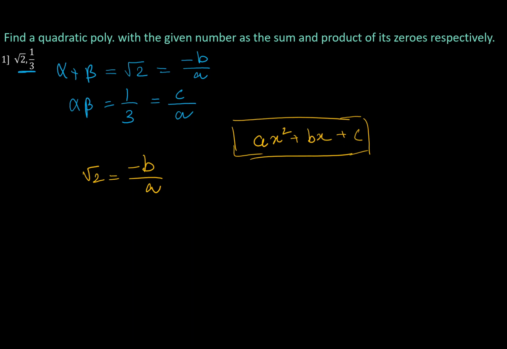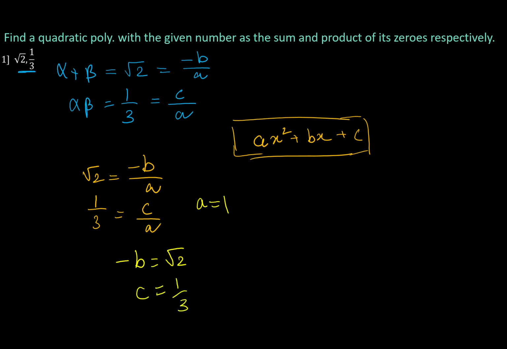We take that as our base and move on. Now the next one is alpha into beta is 1 by 3, so that's 1 by 3 equals c by a. Now there can be so many of these kinds of polynomials, but here what we do is we assume that a is 1. We take a as 1 and then we get minus b as under root 2 and c as 1 by 3.